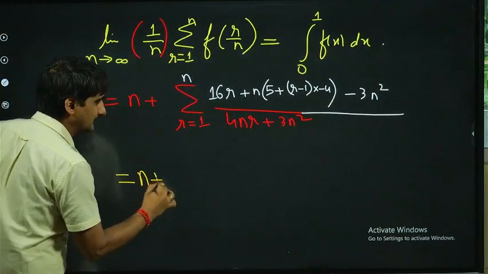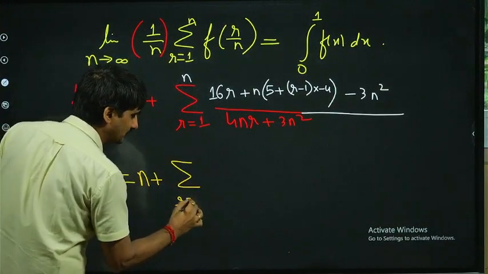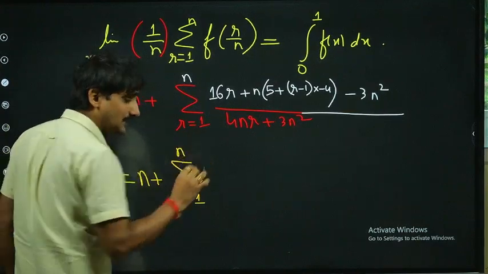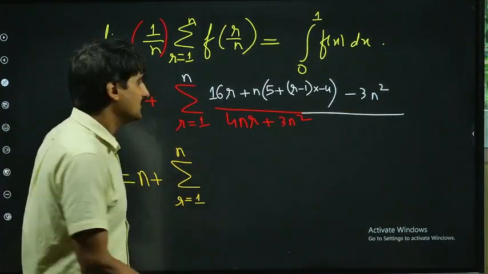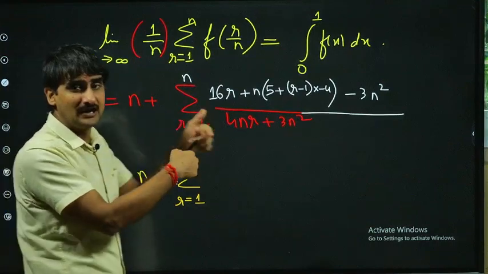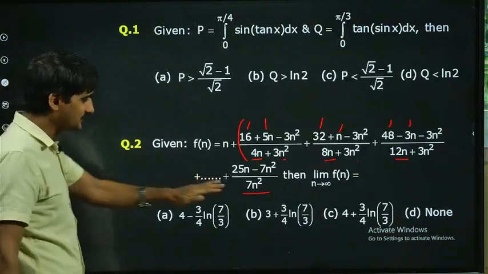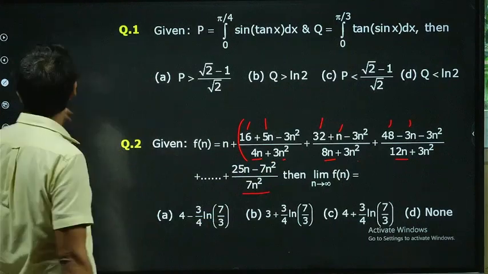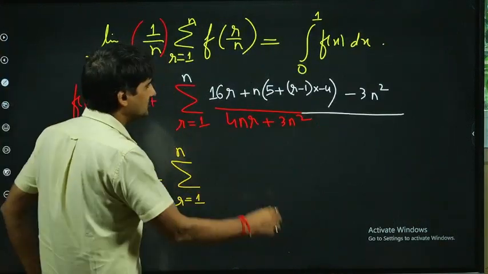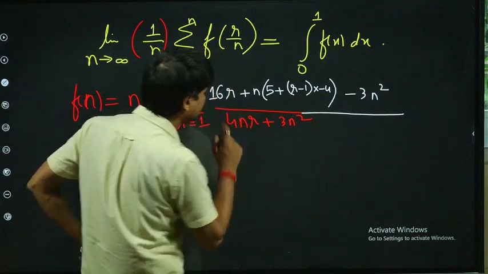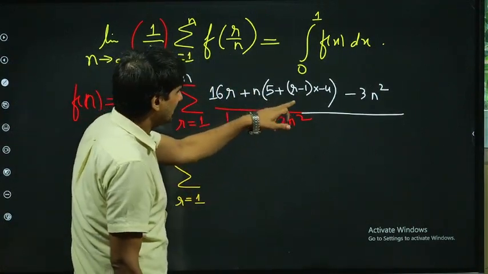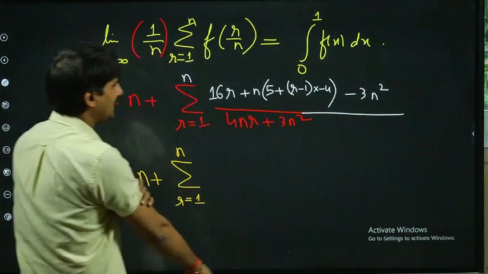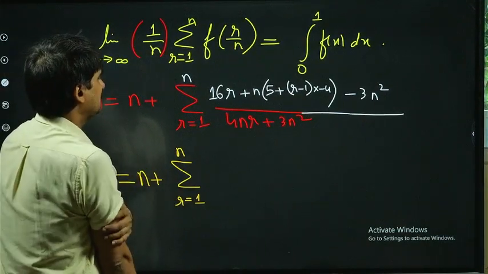So n plus summation r goes from 1 to n, and see, I won't miss verifying the numerator also for r is equal to n. Does it match with this one or not? So I will definitely do it. Let me first simplify it. So we are going to have 5n, and then this is minus 4r, so it is plus 9.